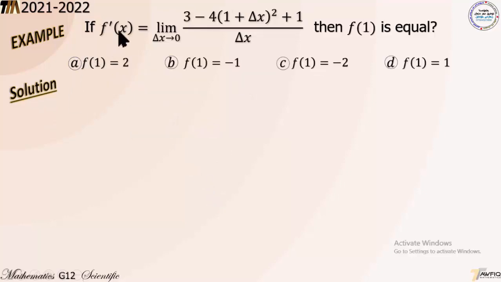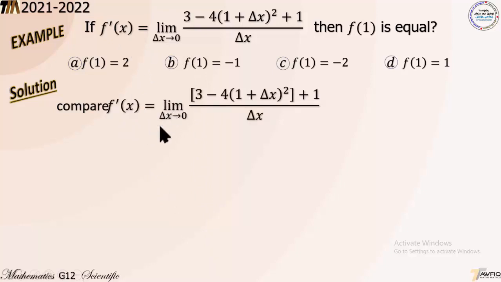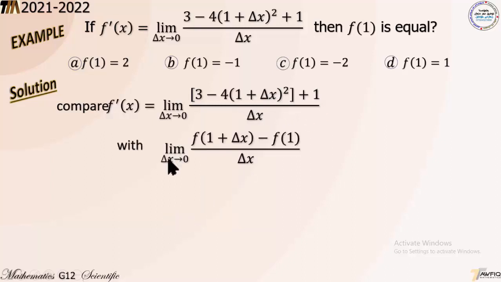If f prime of x is equal to the limit as delta x approaches 0 of 3 minus 4 times 1 plus delta x squared plus 1 over delta x, then find f of 1. Compare the equation, the limit as delta x approaches 0 of 3 minus 4 times 1 plus delta x squared plus 1 over delta x, with the limit as delta x approaches 0 of f of 1 plus delta x minus f of 1.